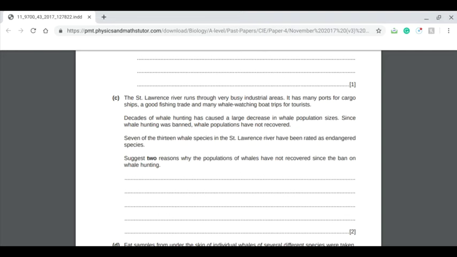Even though it hasn't got anything to do with this particular question, if you remember that K strategists are usually larger organisms, with a low development rate, slow reproductive rate, etc. And you have R strategists, which are smaller organisms, and they have faster development rate, faster reproductive rate, etc. They tend to have smaller body masses as well, vice versa with K strategists.